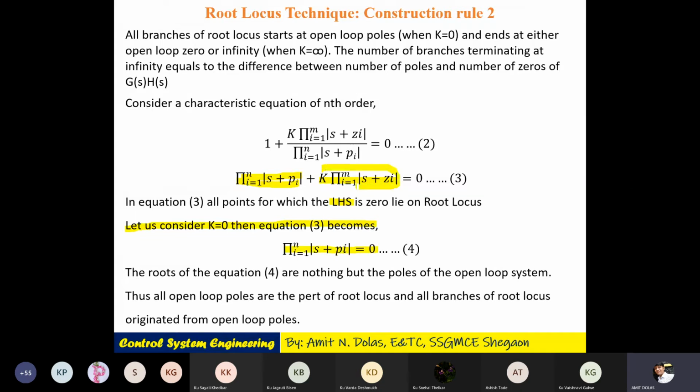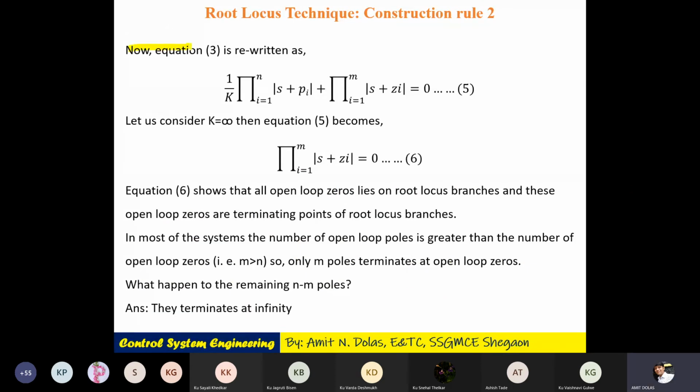This term vanishes. The root locus of equation number 4 is nothing but the poles of the open loop system. Thus all open loop poles are part of the root locus and all branches of the root locus originate from the open loop pole. जितने भी पोल है उतने ही branches वहां से originate होंगे.